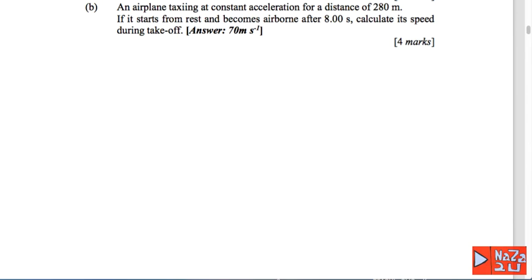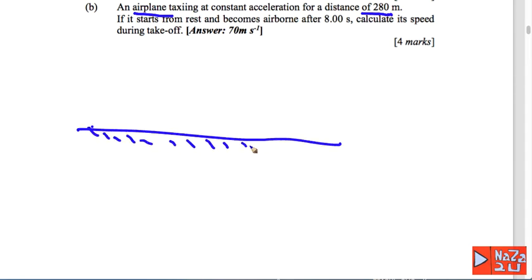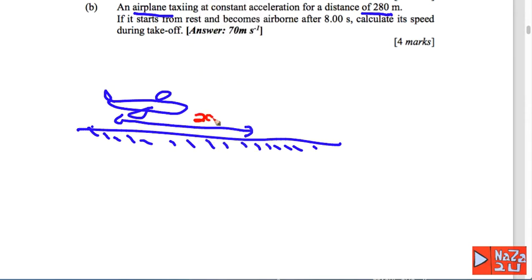Okay. Continue to number B. An airplane takes off with constant acceleration for a distance before takeoff of 280 meter. So let's say this is the ground surface, and this is the plane. The process of taking off here covers a distance of 280 meter before the plane becomes airborne.